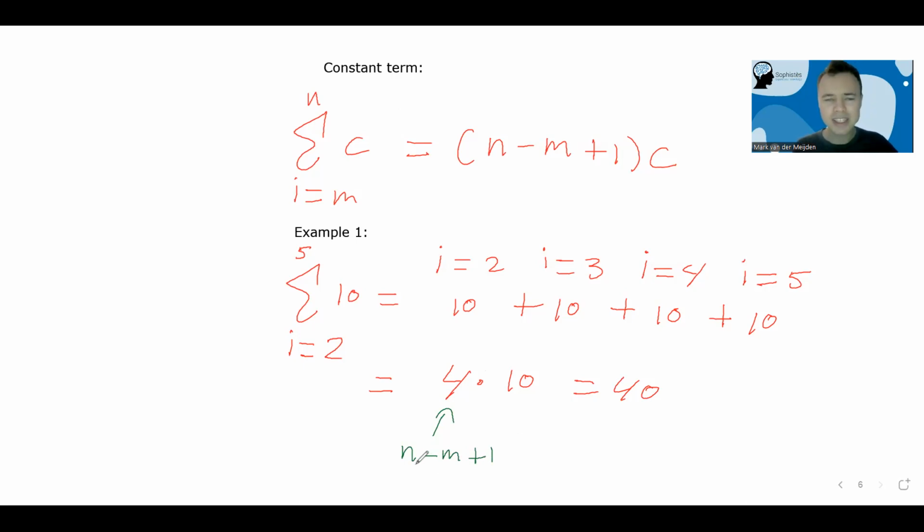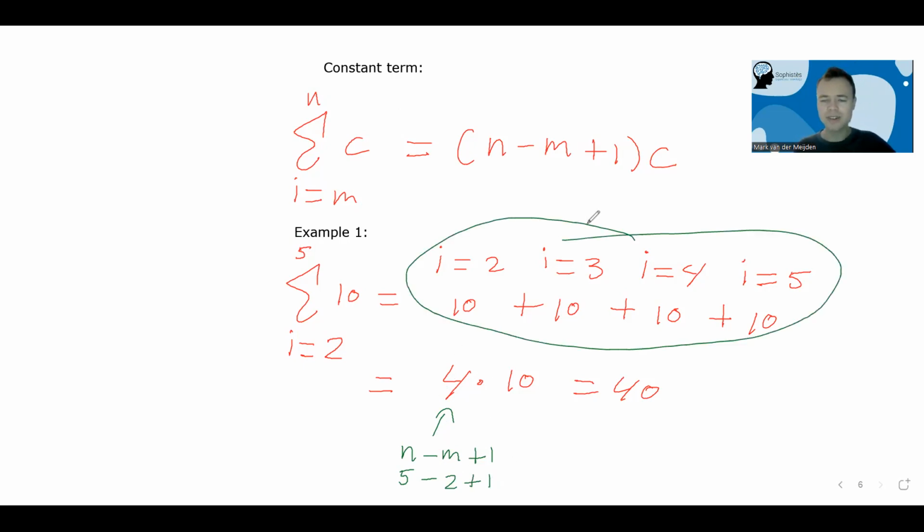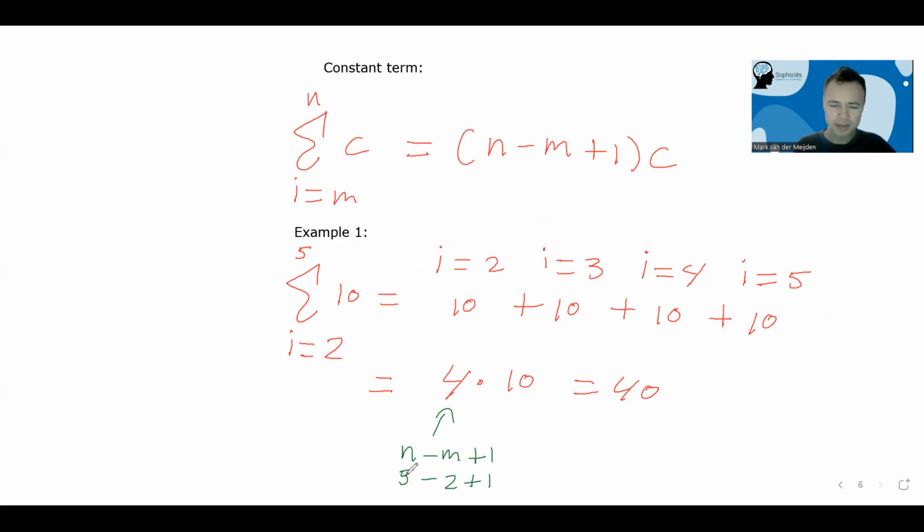Because what's my n in this case? The n in this case is 5, right? So I could also fill in 5 here. The m in this case is this 2 here. So to get this 4, I don't need to write this all out. I could also use the trick 5 minus 2 plus 1 is 4. So 4 times the 10. And that's a way to speed up the process. Okay.